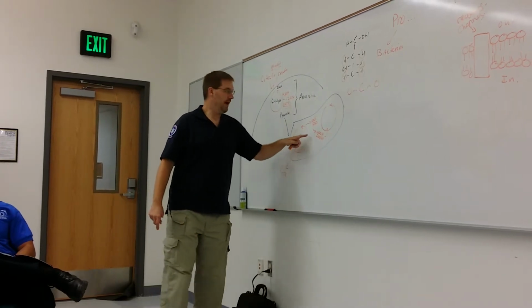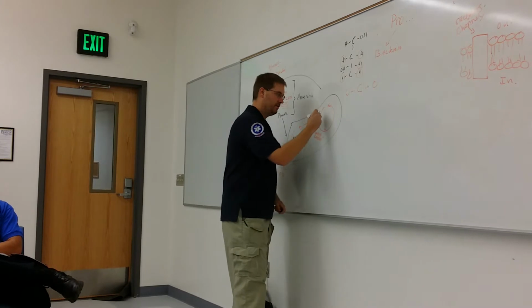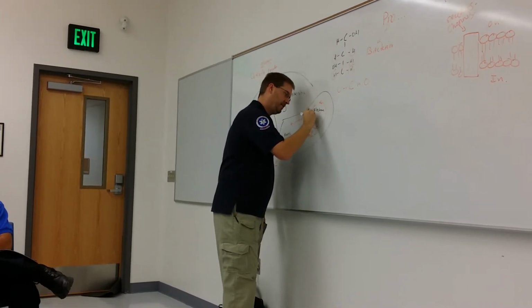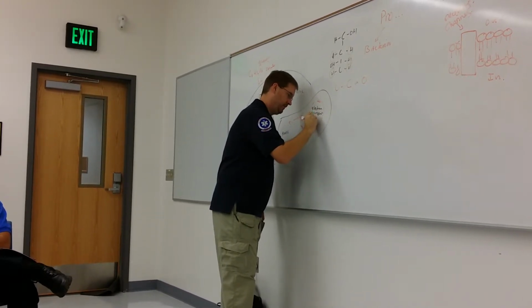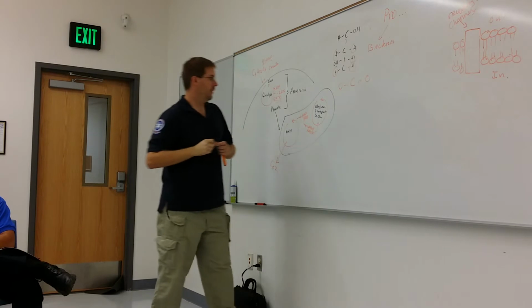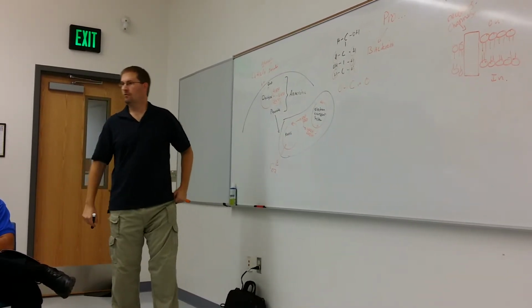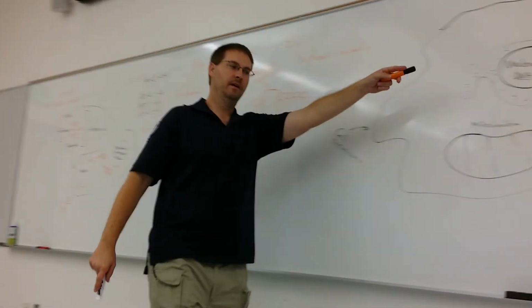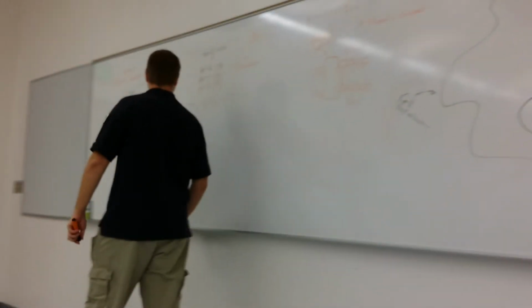Okay. So now these hydrogens go over to here, and this is known as the electron transport system. Some people will also call this oxidative phosphorylation, because I'm phosphorylating ADP to make ATP, and oxygen might be involved as well.